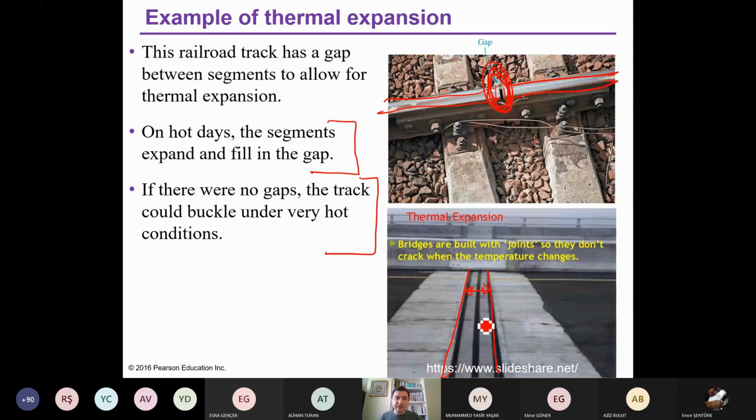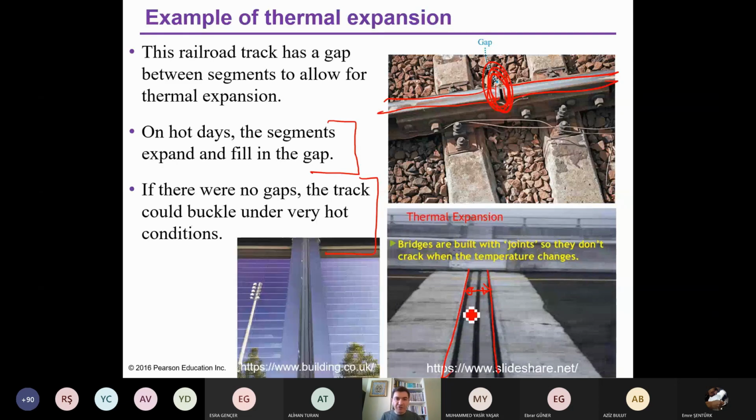So look at this part of joints in buildings. Okay, there is a gap here between two parts of the building in hospitals, in university buildings, in shopping centers.